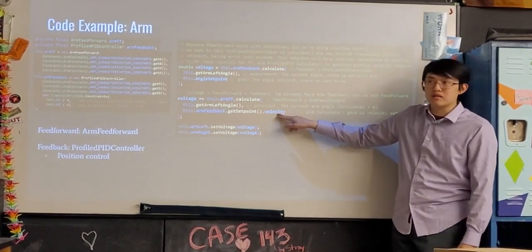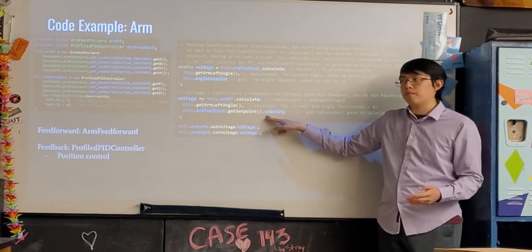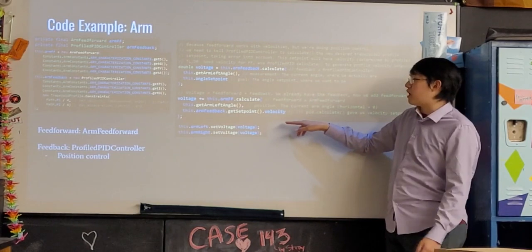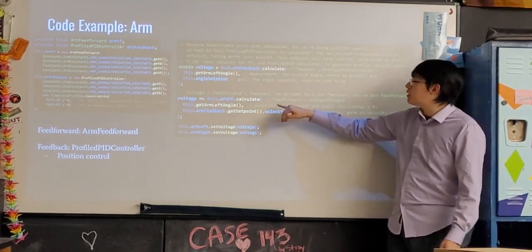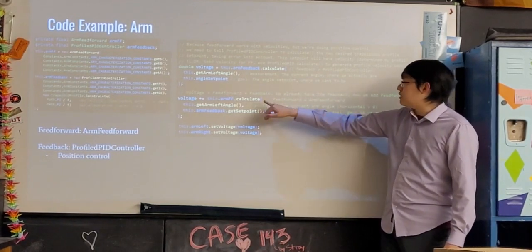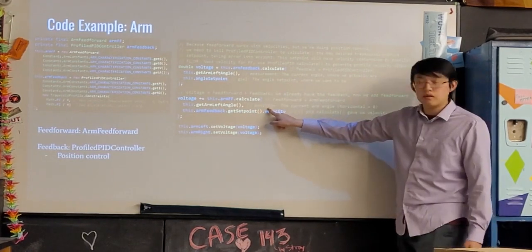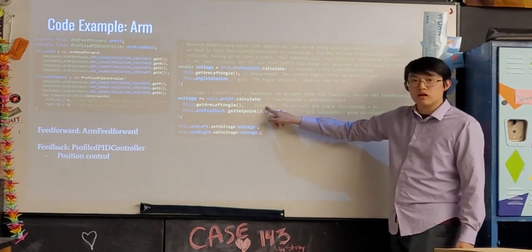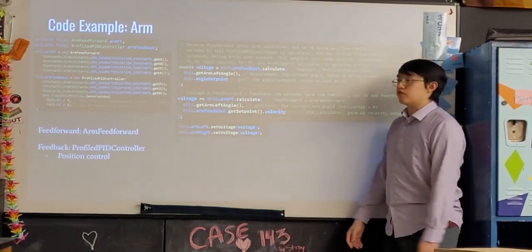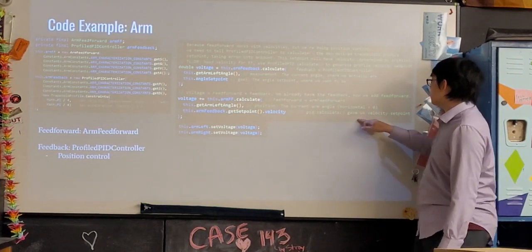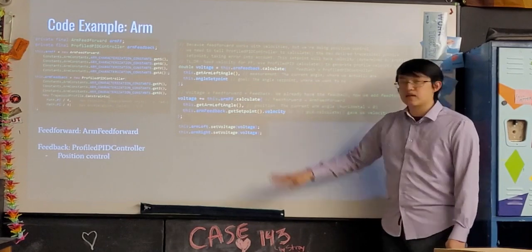Now this profiled PID controller returns you that velocity part of the motion profile graph, which you can plug into feedforward, because feedforward works with velocities only. This arm feedforward specifically takes in the angle of the arm, because it needs to plug it into the cosine theta part of feedforward, and it also takes in the velocity setpoint that you want to reach, and then you set the voltages.